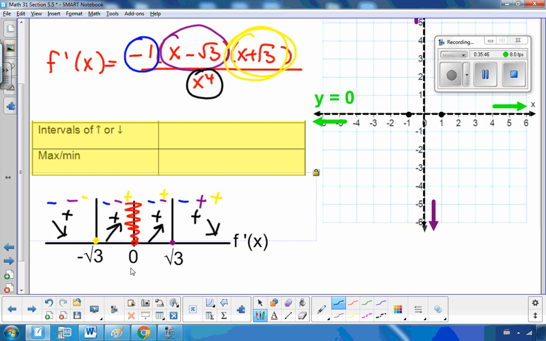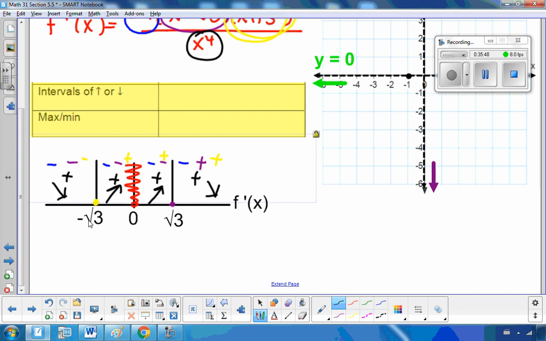So nothing can happen at the vertical asymptote, but if you look at negative root 3, I'm decreasing to the left, increasing to the right, which means there would be a minimum at negative root 3. So when y equals, I'm going to plug in negative root 3 into my original equation.